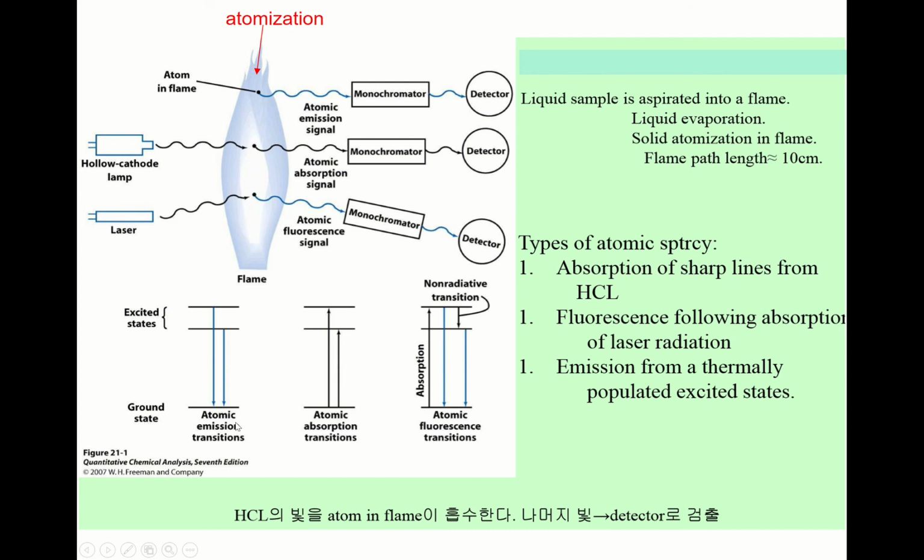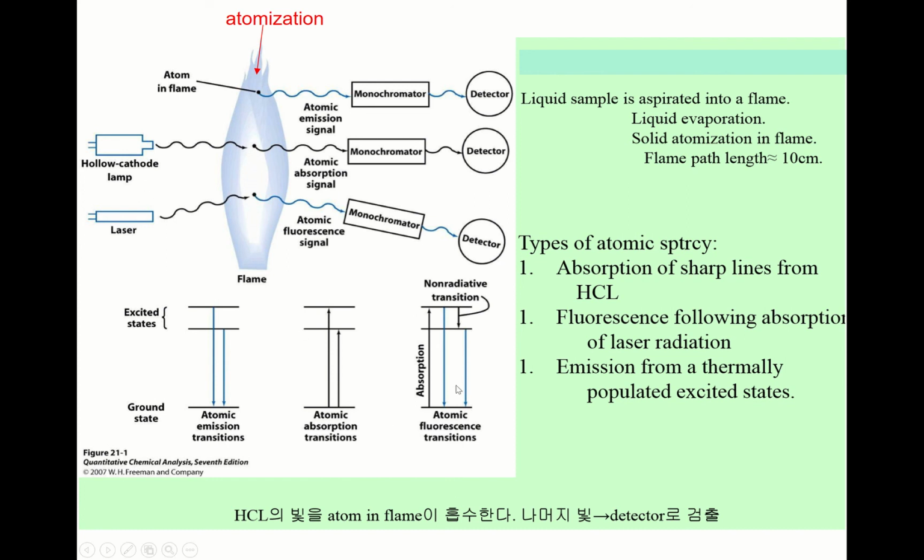Here it illustrates this one. This is atomic emission. Electrons are excited to the upper excited state, and then make a transition down to the ground state here or there. In atomic absorption, the absorbance is measured, and the absorption is induced by this hollow cathode lamp.